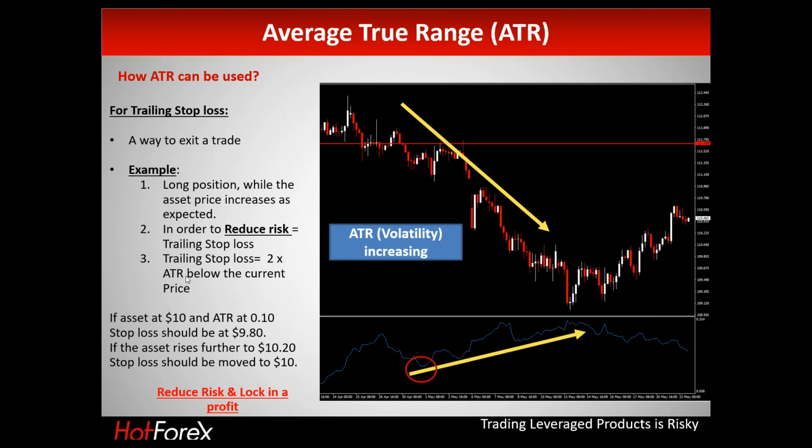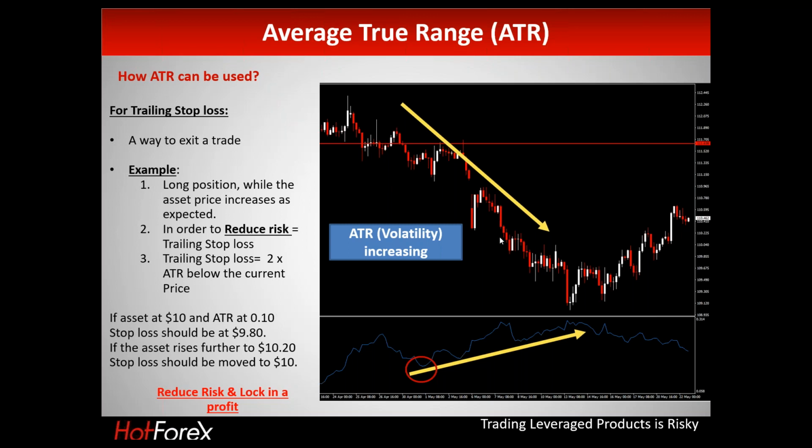If I am in a short position and the ATR says 10 pips, then I will put my stop loss 10 multiplied by 2, which is 20 pips above my entry.